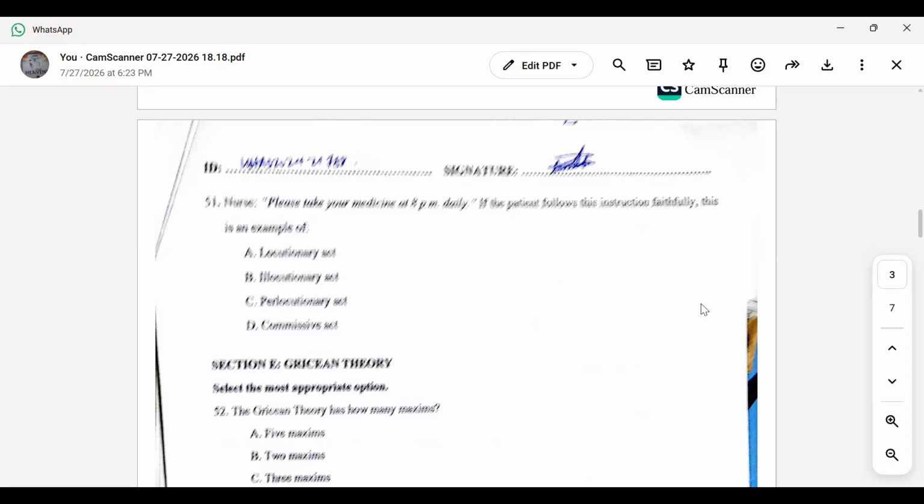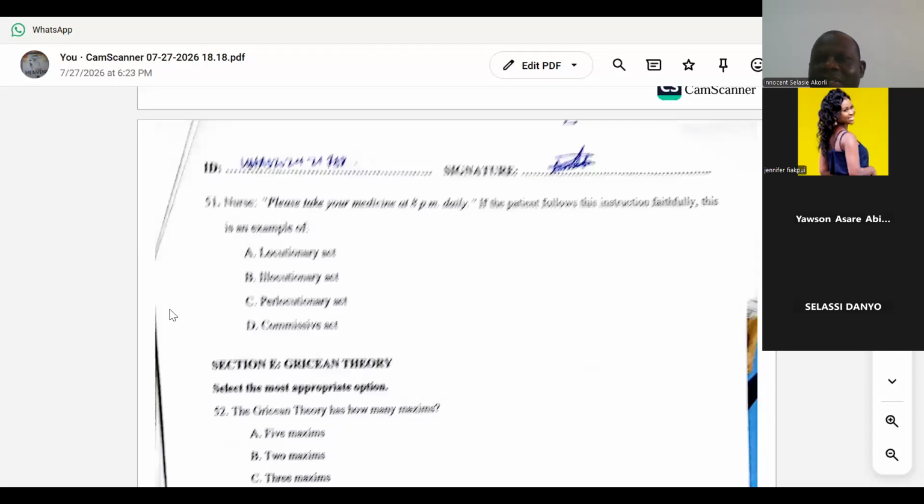But look at it. If the patient does it faithfully, that should be commissive.